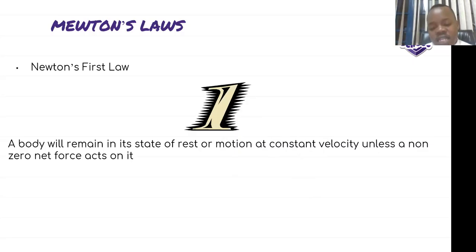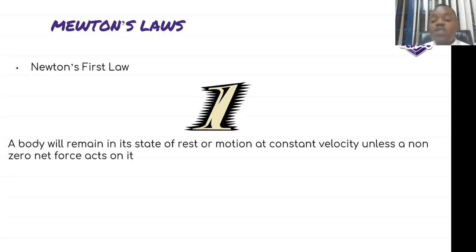And why is that the case? Because if an object is moving at a constant velocity, it means the object is not accelerating. And if the object is not accelerating, it means your net force is zero. It means all the forces are balanced.